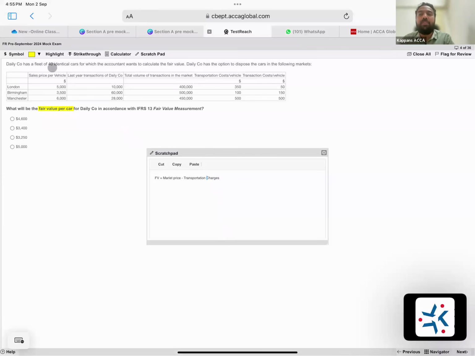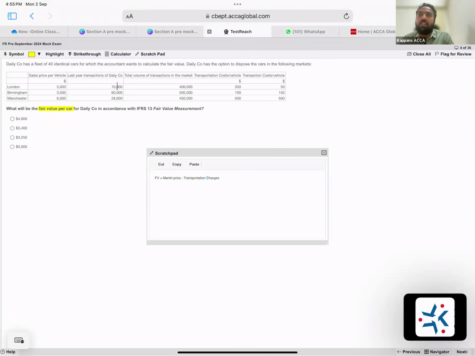Daily company has a fleet of 40 identical cars for which the accountant wants to calculate the fair value. Daily has the option to dispose of the car in the following markets: London, Birmingham, and Manchester. Sales price per vehicle in London is 5,000, Birmingham 3,500, and Manchester 6,000.